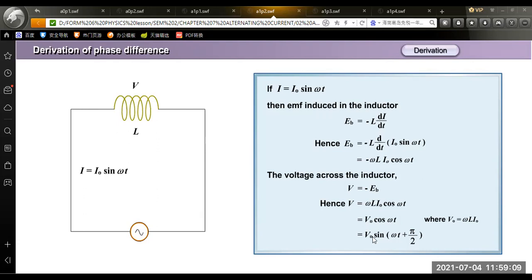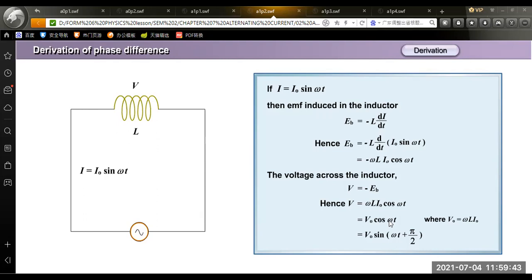Once we convert cos omega t into sin omega t, V is equal to V naught sin of omega t plus pi over 2. So the phase difference will be pi over 2. Why is this?